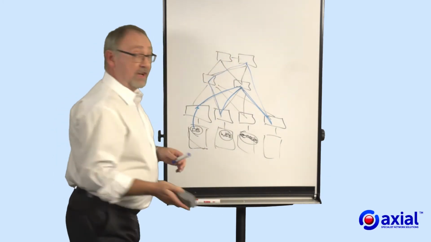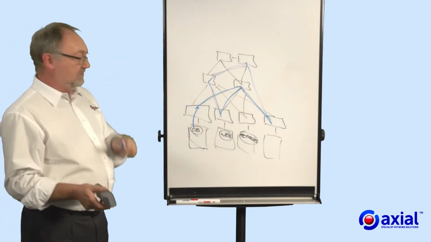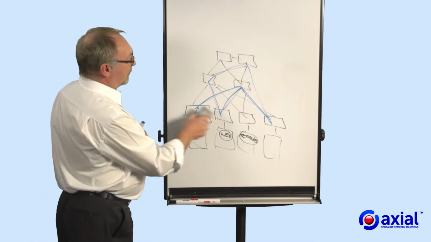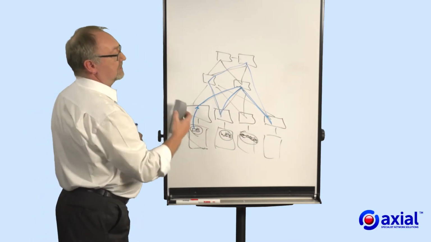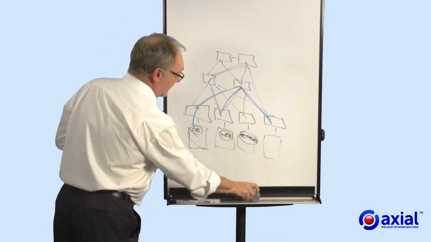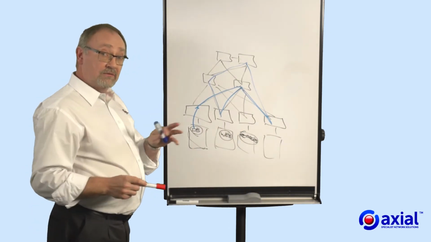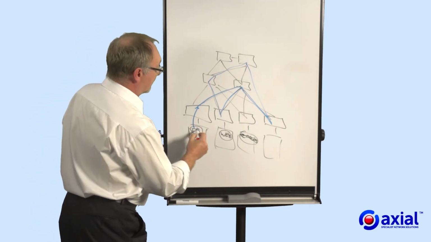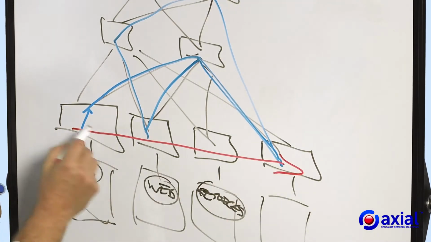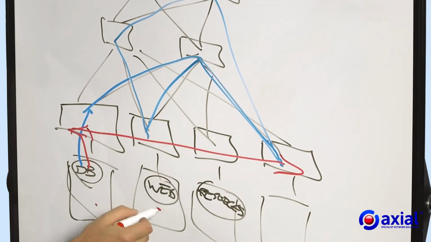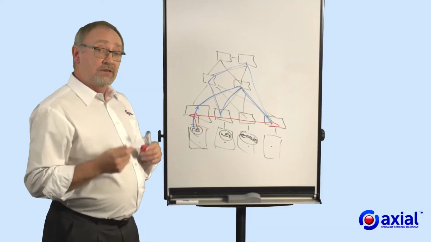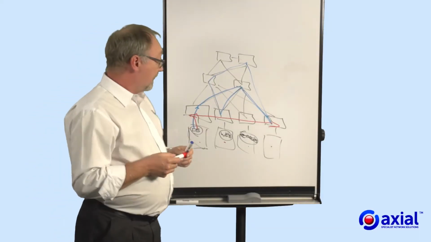There are a whole raft of ways of doing it, but today, just for something to think about, what if we started to virtualize these things here? Most of the traffic that we're talking about is running in this direction. It's running east and west between these resources that you're using to deliver your applications.